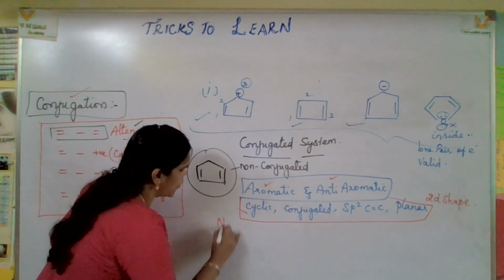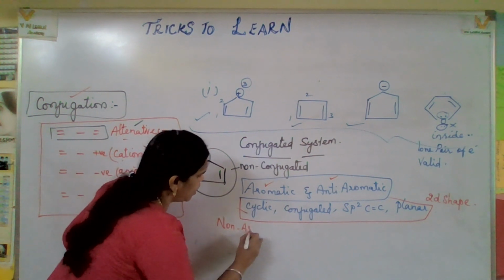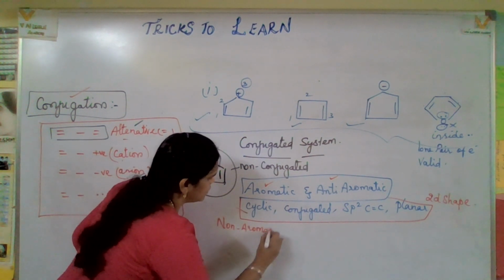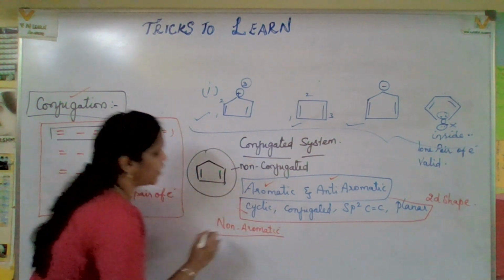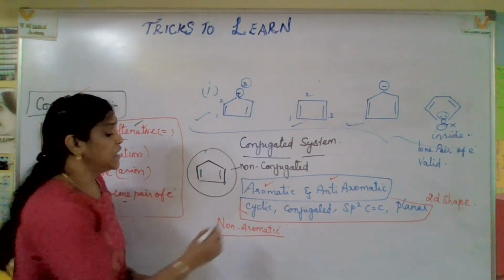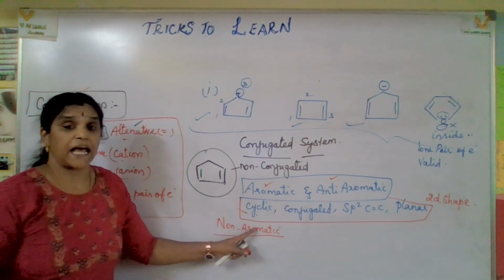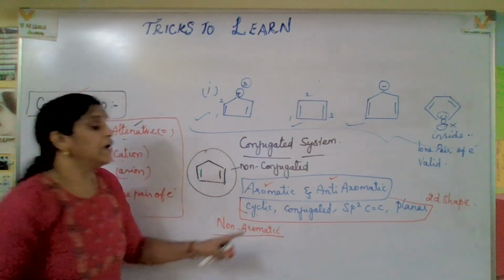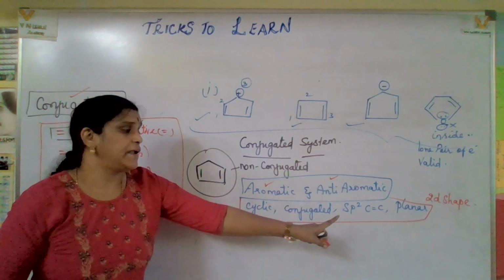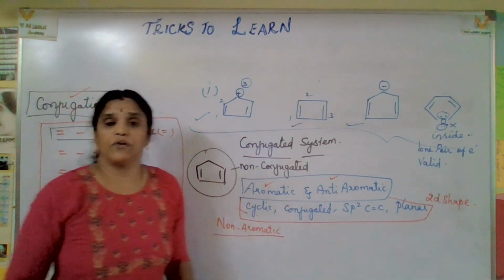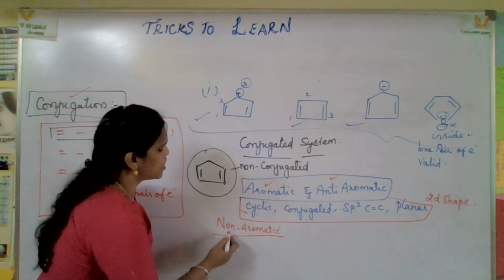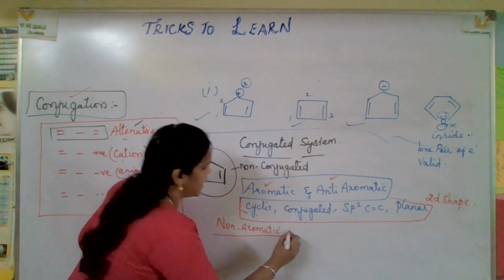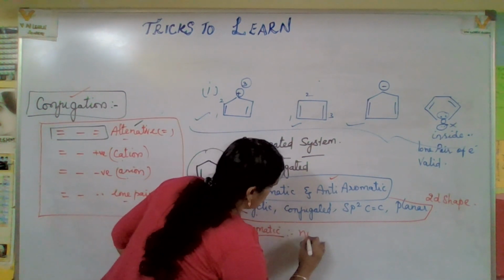Suppose non-aromatic compounds, how to identify? Just the opposite: non-cyclic, because alkane, alkene, alkyne are open chain structures. So non-cyclic, non-conjugated, and single bond; planar we won't consider. These are the main points to identify.